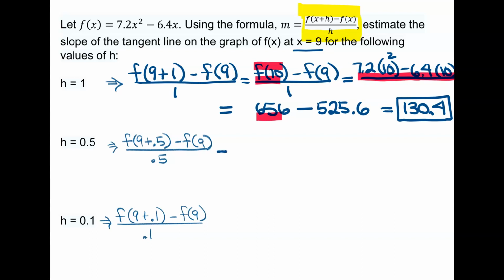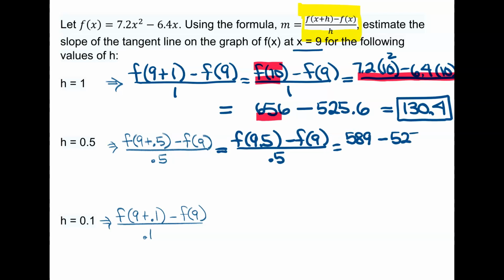So f of 9.5 minus f of 9, divided by 0.5. Here are the numbers we get: 589. Remember, we already did f of 9 earlier, so we don't need to do that again. We just bring it on down.